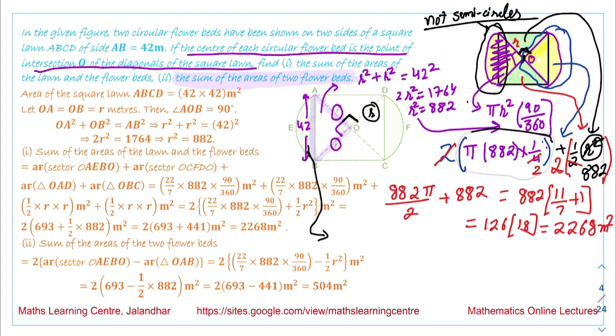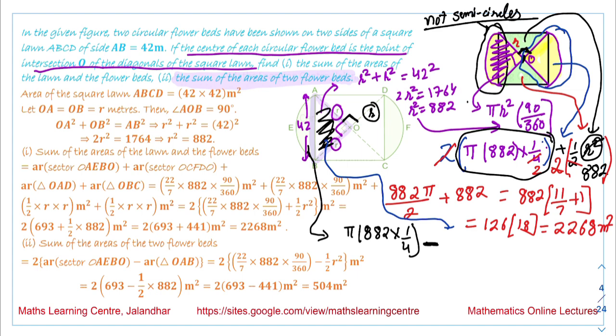The area of one sector is pi into 882 into 1 by 4, minus the area of this triangle we have calculated. The area of this triangle is 1 by 2 into R square, that is 882. This is the area of one flower bed.